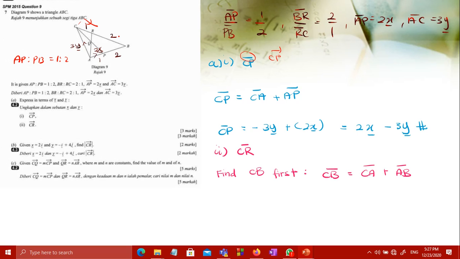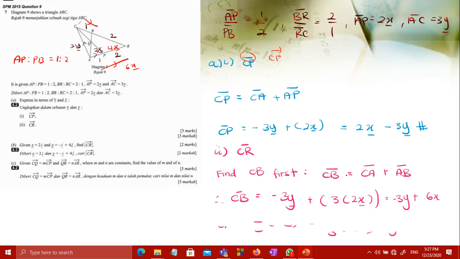What is CA? Negative 3y. What is AB? Take a look. AP is 2x and associated with ratio 1. PB is 2 times of AP, so 2 times 2x is 4x. So AB is nothing but 2x plus 4x, which is 6x. Or you can just multiply 3 times 2x and you get the same result, which is 6x.